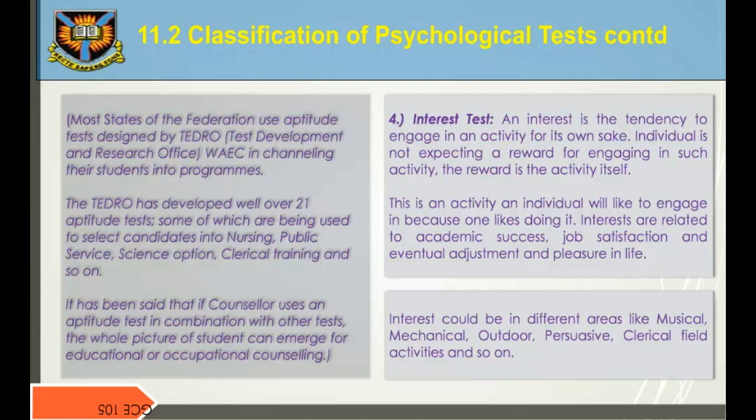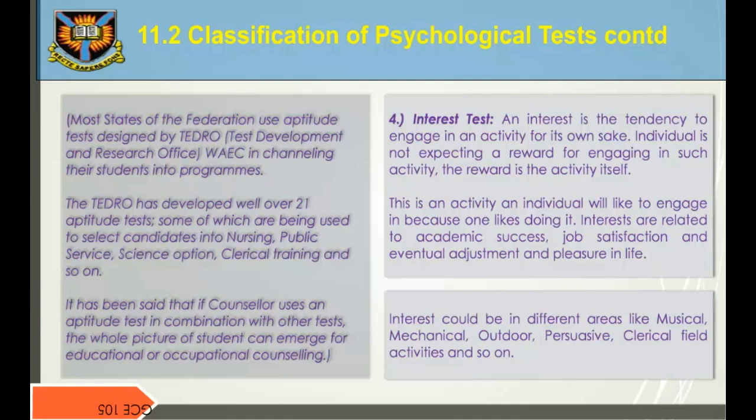TEDRO has developed well over 21 aptitude tests, some of which are being used to select candidates into nursing, public service, science option, clerical training, and so on. It has been said that if a counselor uses an aptitude test in combination with other tests, the whole picture of students can emerge for educational or occupational counseling.